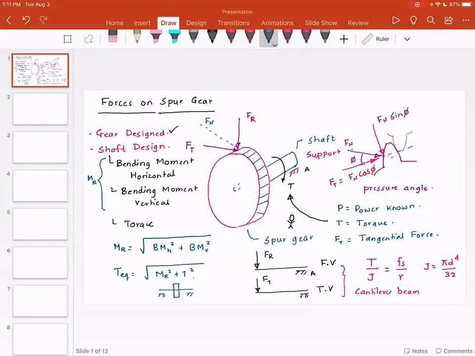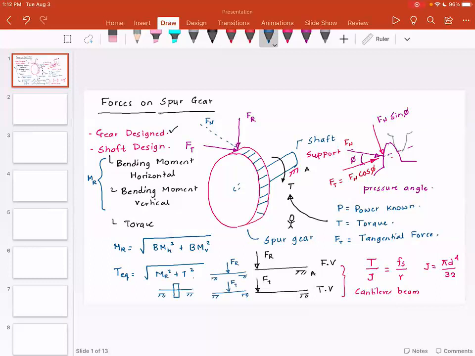In that case, you have to draw the free body diagram. You will notice you are going to have Fr, and then you are going to have Ft. And then the process remains the same.